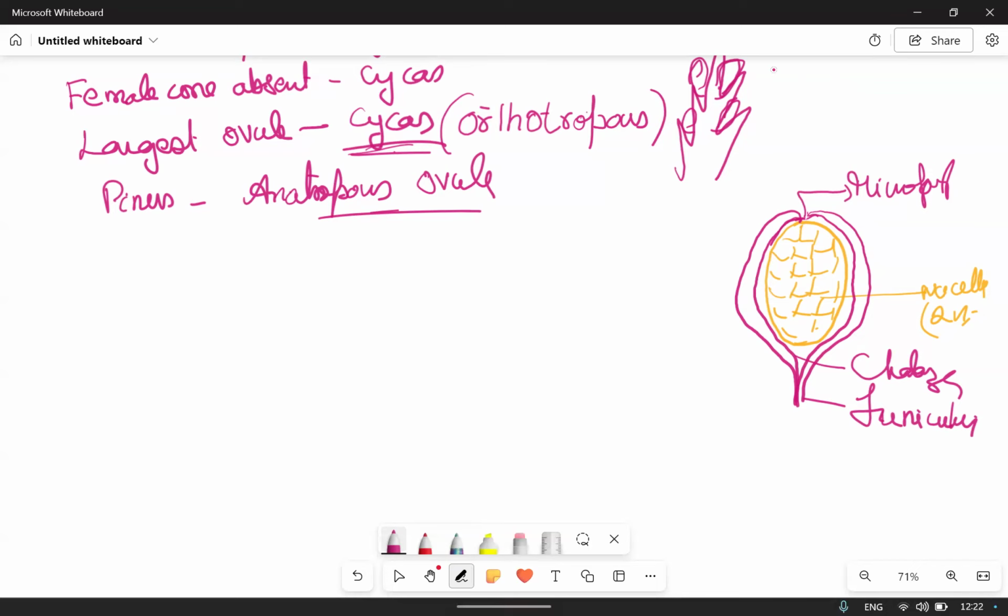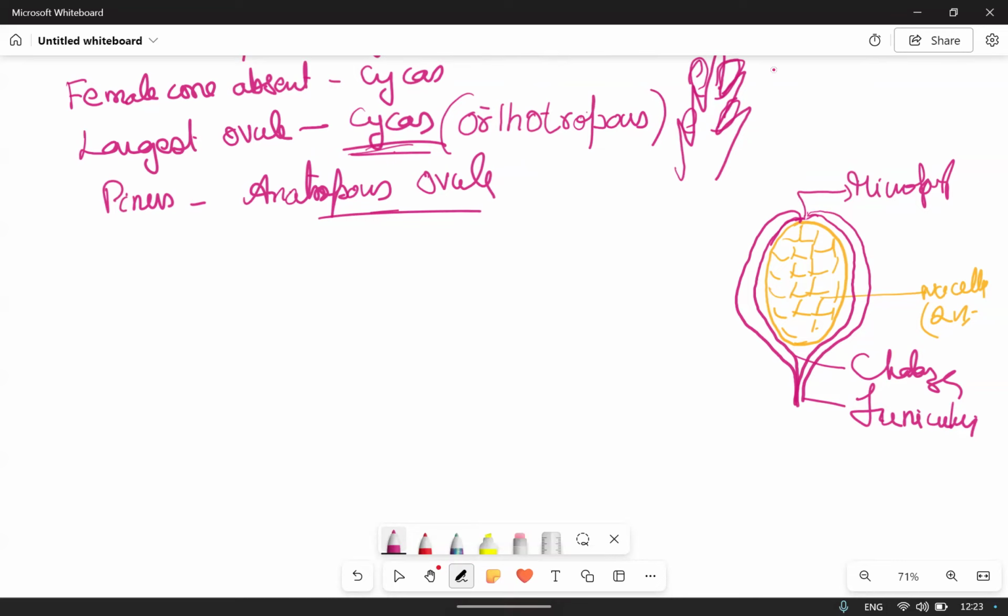In angiosperms we have studied the development of the female gametophyte or embryo sac. Here we don't call the female gametophyte an embryo sac; we call the female gametophyte the endosperm. Remember.